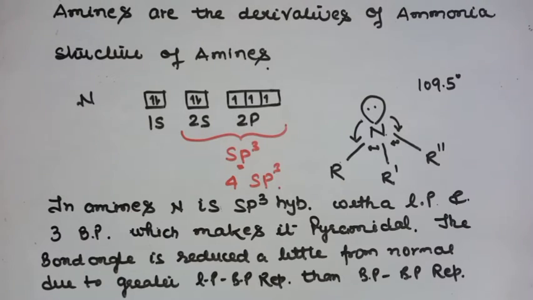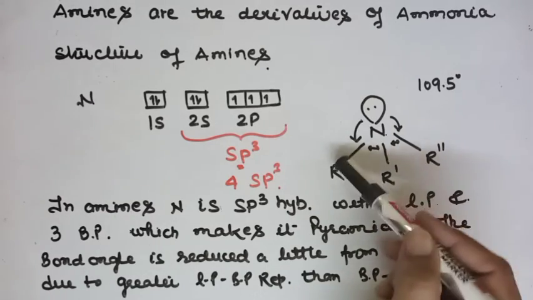Now students, you can note the theory of it. In amines, the nitrogen is sp3 hybridized with a lone pair and 3 bond pairs, which makes it pyramidal.